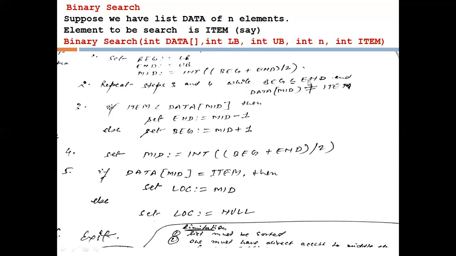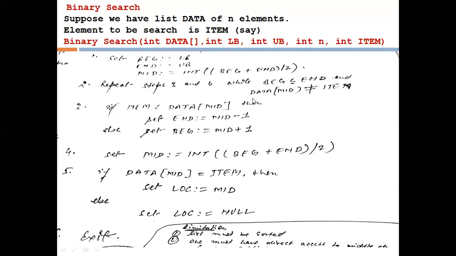Again if beginning less than or equal to end, means the list has not finished, and data[mid] not equal to item, again the same process will be repeated. So in each iteration we are comparing with the middle of the sublist, and by each comparison our list becomes half.